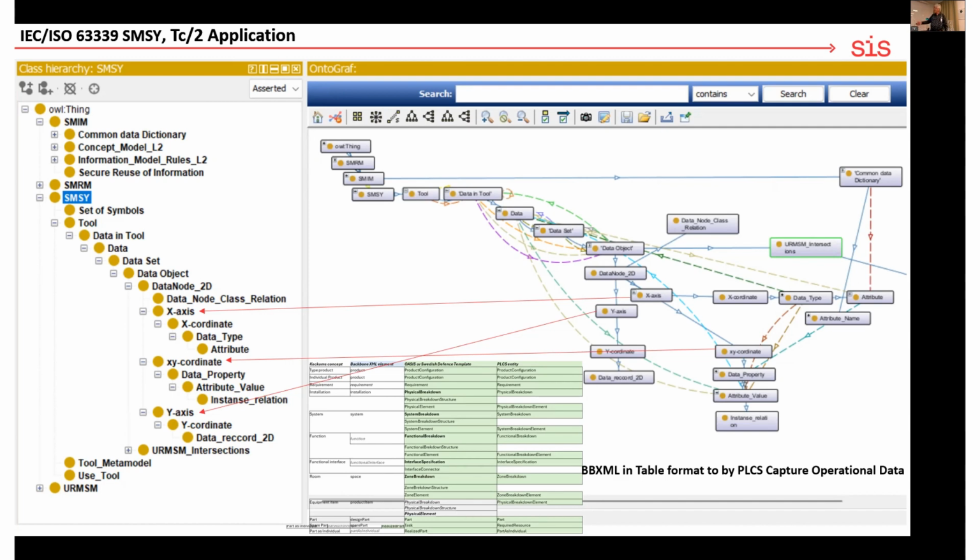On the left side, we have the different objects that we use to define the format. That is very powerful, and it also shows how we implemented the URSM in Protégé as an ontology, and I had to learn how to manage ontology.